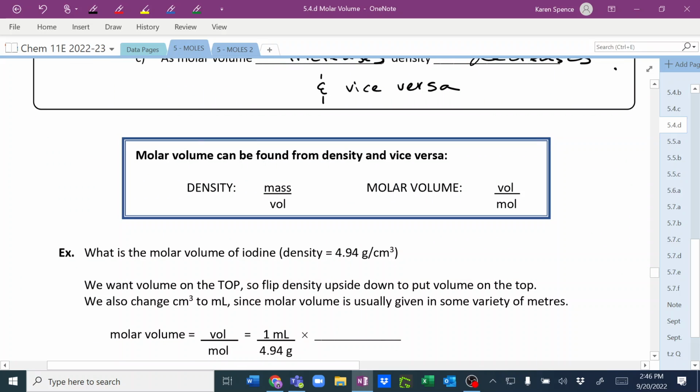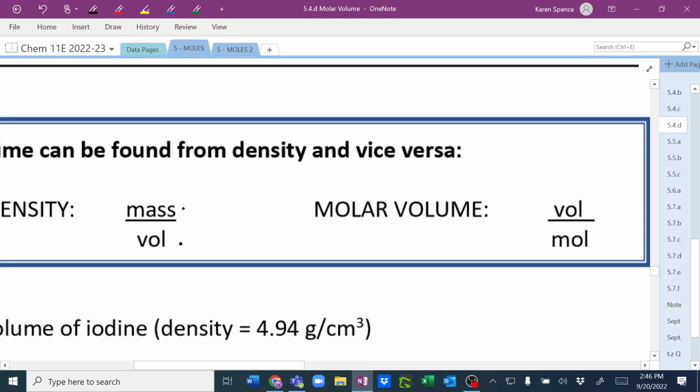Molar volume can be found from density and vice versa, because here you have mass over volume. Mass can be converted into moles, so then you would have moles over volume, and then what would you do to that to get the molar volume? Flip it.